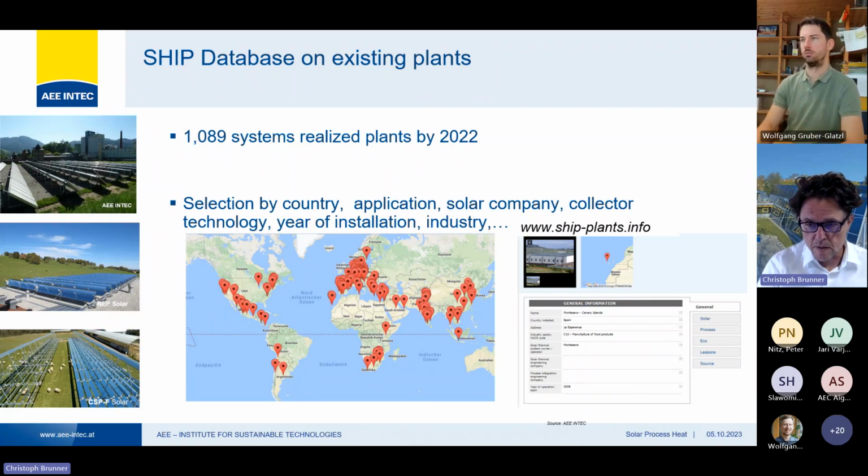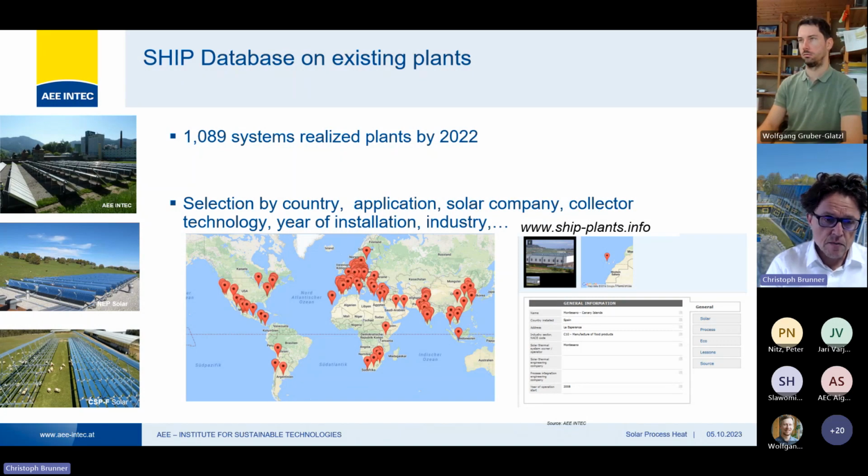It's www.ship-plans.info, as in solar heat for industrial processes. SHIP stands for this. Here several systems are recorded worldwide. You have a map with the different locations of realized systems.